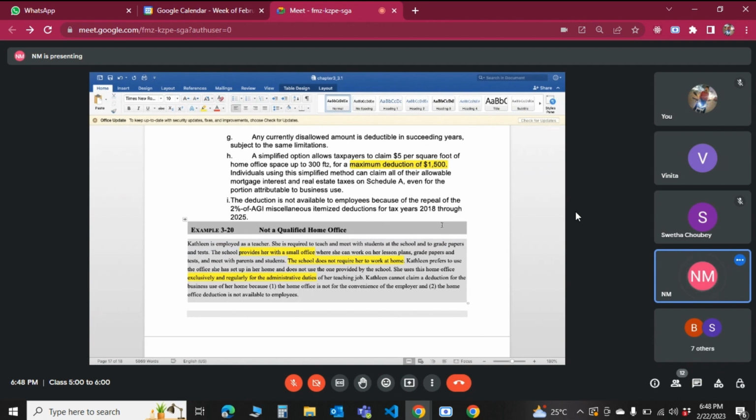The other reason: IRS will not allow that as an expense because there is a principal place of business which has been provided to her. If she did not have any other office, or the employer says, we don't have an office, you just continue working from your home, then that's a different thing.